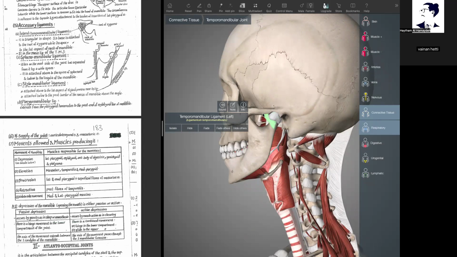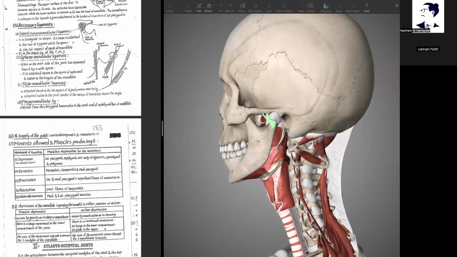Temporomandibular ligament connects zygoma to neck of mandible. The lateral ligament, temporomandibular joint, connects zygoma to neck of mandible.